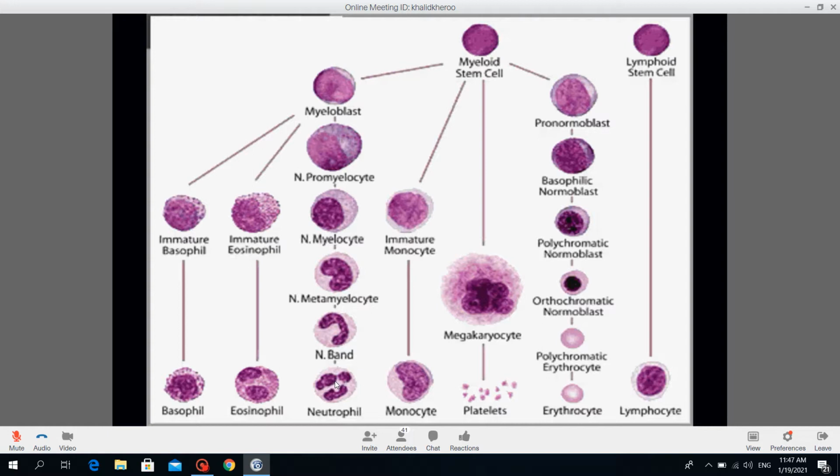That is why the kidneys are included in the hematopoietic system, because they produce erythropoietin, which stimulates erythropoiesis and is responsible for the production of red blood cells. So when there is kidney failure, there is decreased production of erythropoietin.